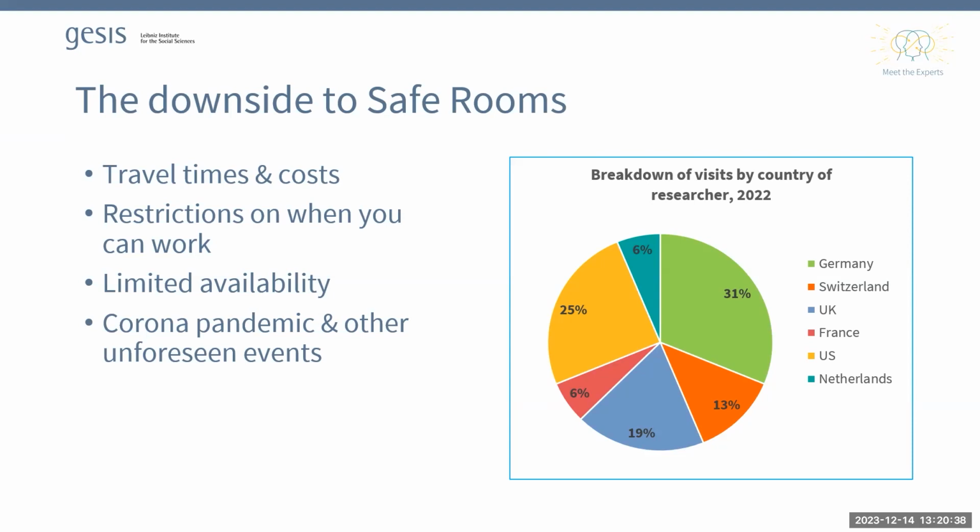If you want to come and work for a week, you have to pre-book in advance, you have to pay for the travel, you have to take the week away from your office, and you have accommodation costs. So unless you have a nice funding grant or your university has good budgets, this requirement to travel and all of the costs that are included is going to be prohibitive for some researchers.